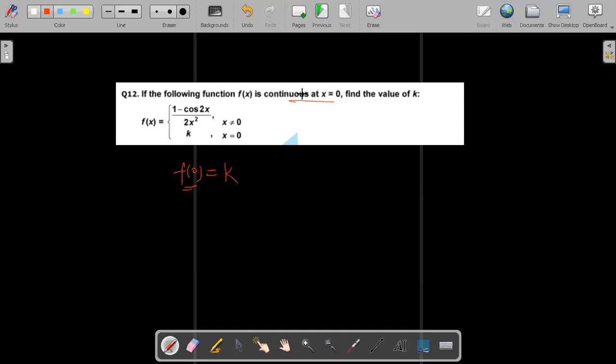Again, they have given us that this function is continuous. That means LHL is equal to RHL. So we can solve for LHL or RHL, whatever you want.